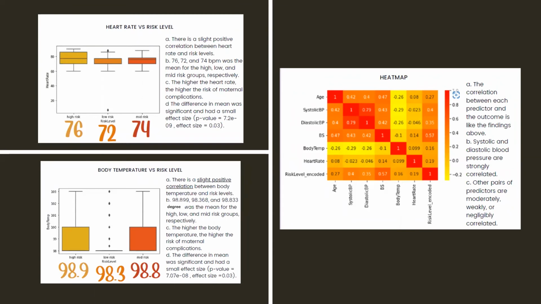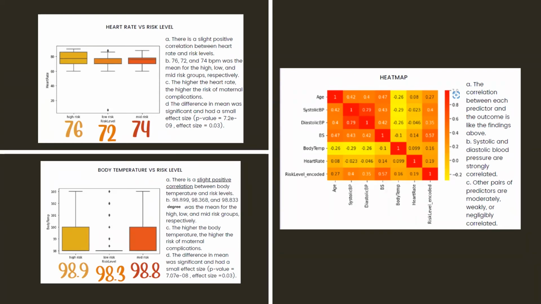And so here we have a similar situation. There's a slight positive correlation between body temperature and risk level. And as you can see, the temperatures are quite similar between the high, low, and mid-risk groups. And so while there was significance in the difference in the mean, it did have a small effect size.